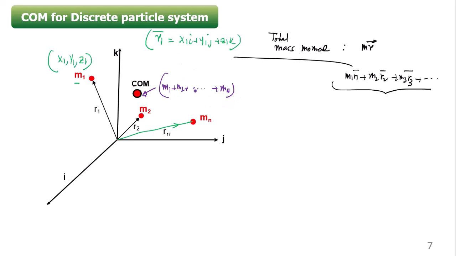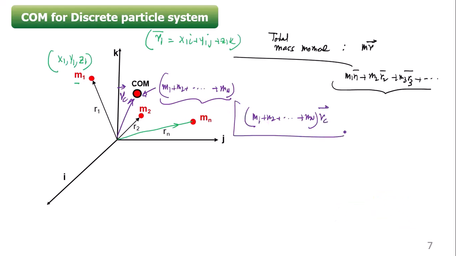Now what is the mass moment for this mass? If the center of mass is placed at a distance Rc vector, the mass moment for the mass placed at the center of mass should equal (m1 plus m2 plus up to mn) into Rc vector.